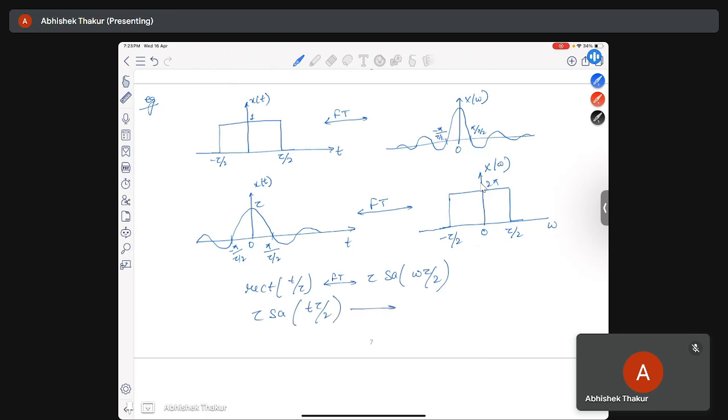So this will have the Fourier transform as 2π rect(−ω/τ). Since the rectangular function is an even function, we can write it as 2π rect(ω/τ). So in this way we can write.